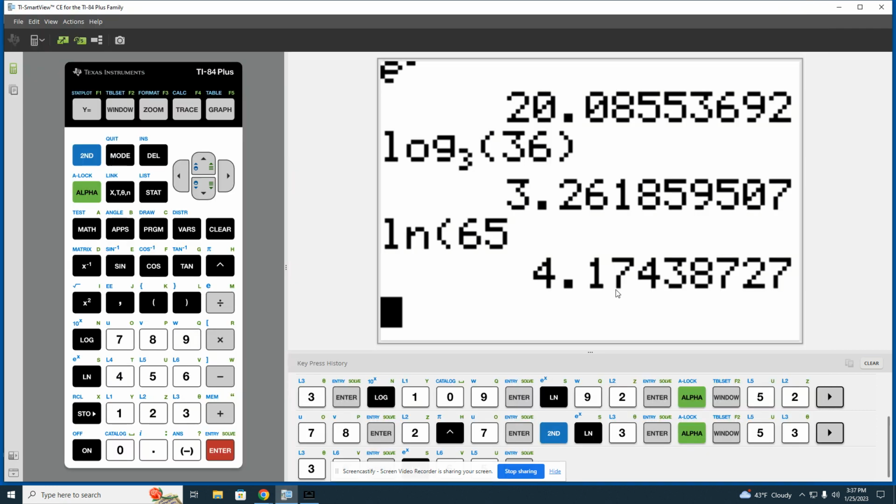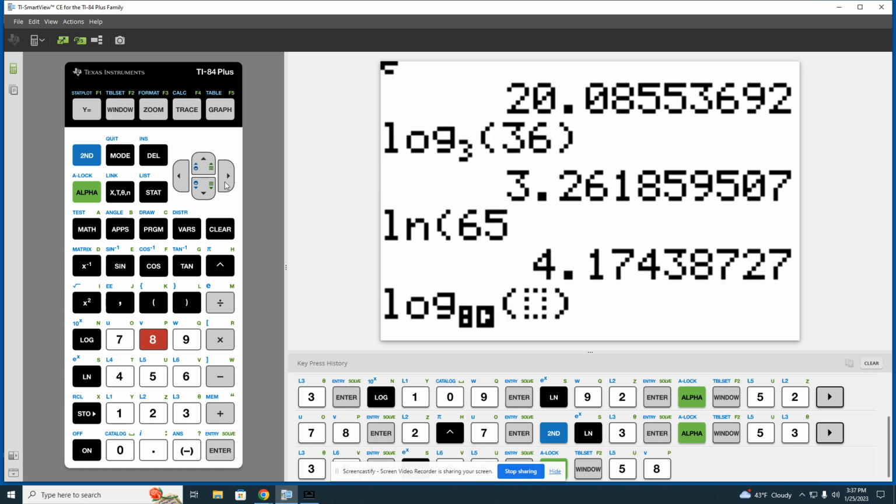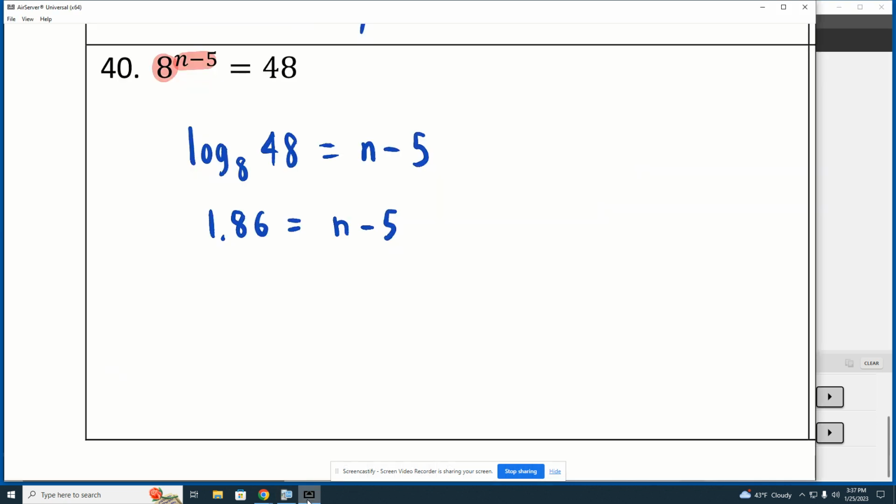If I type in alpha window number 5, log base 8 of 48, I get 1.86 equals n minus 5. So pretty easily we're going to add 5 here, and the answer is 6.86.